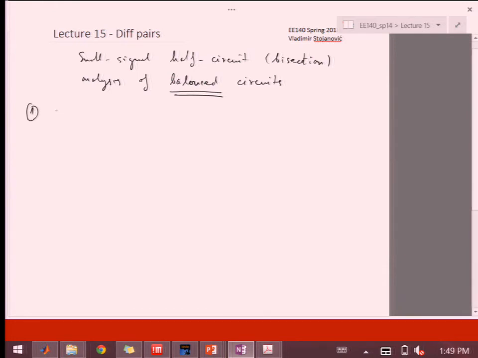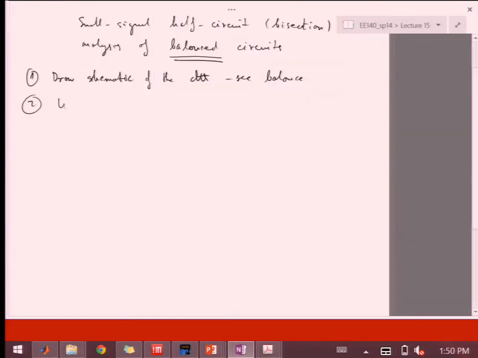So first, we draw the schematic and see the balance. Second, we're going to use superposition. That's what we just did. We turned off VID, then we turned off VIC, and looked at what kind of symmetry we have.